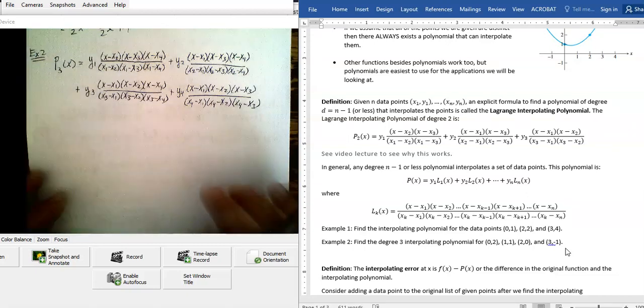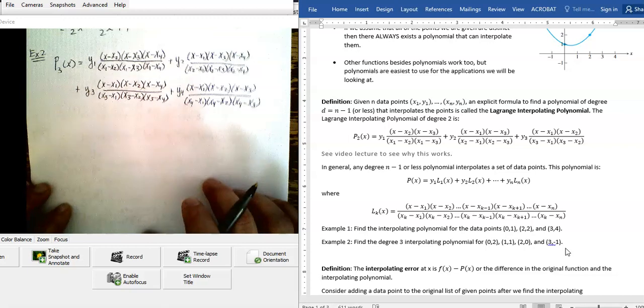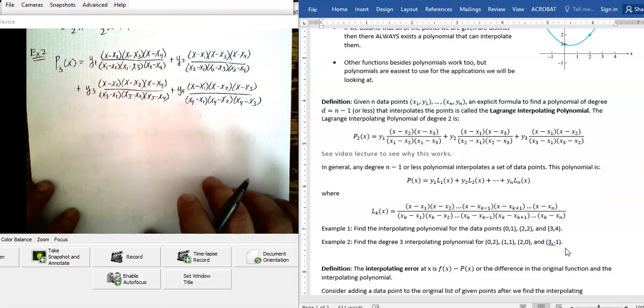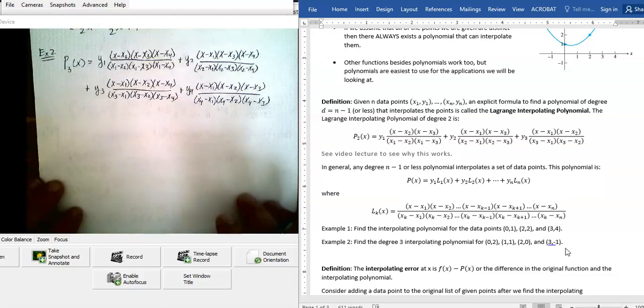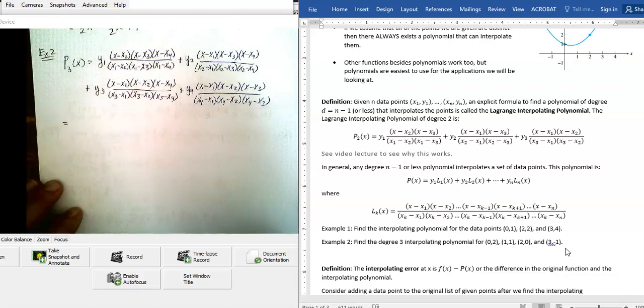So it looks like we've got our work cut out for us as the degree of the polynomial gets larger and larger and larger. So let's fill these in.